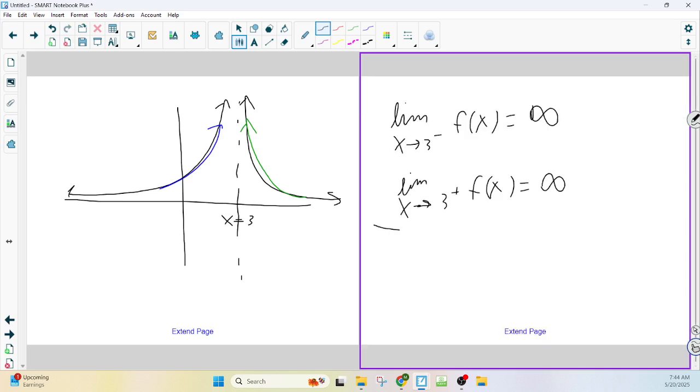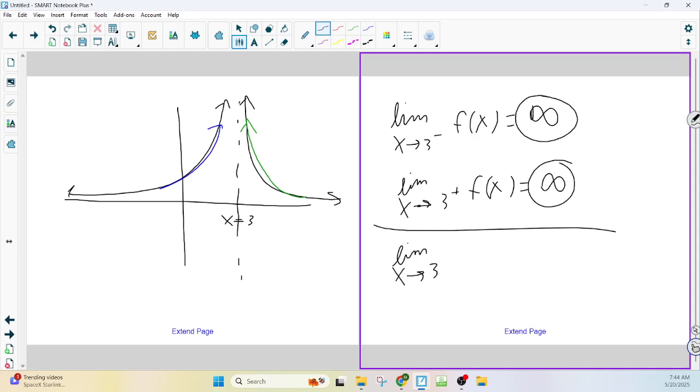And I could say, since these are the same, the limit as x approaches 3 is infinity. But here's the caveat. You have to then say DNE because infinity doesn't exist. Okay? And there's a little bit of a debate on this.